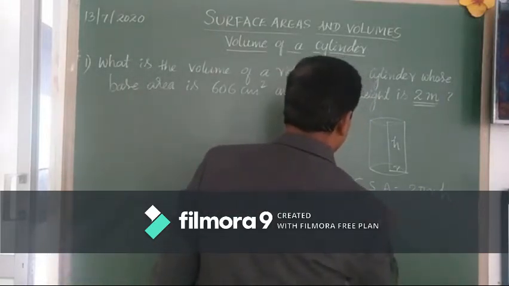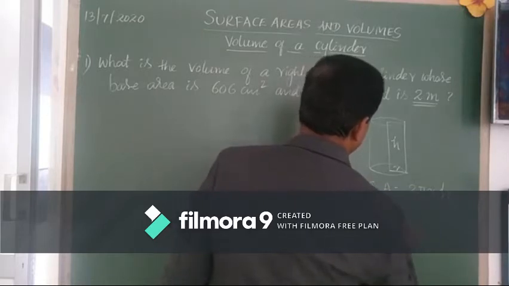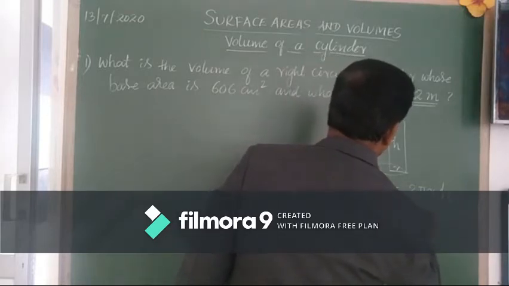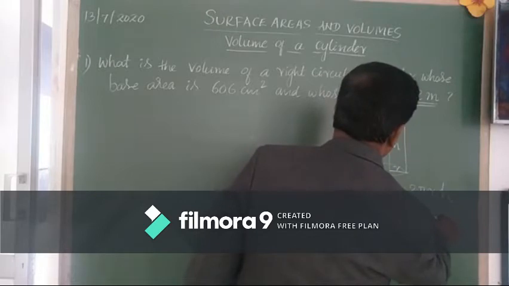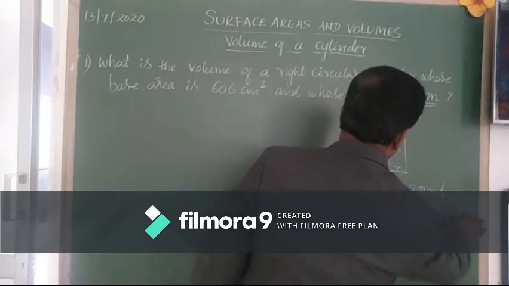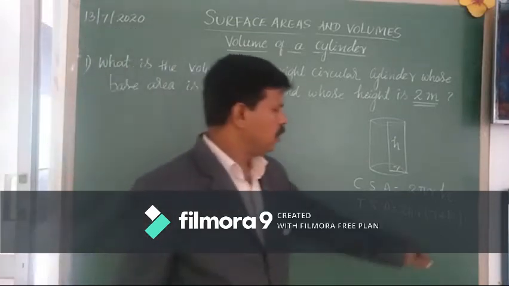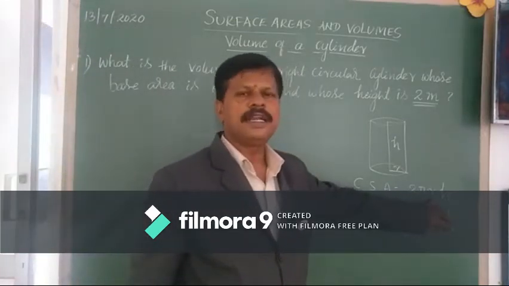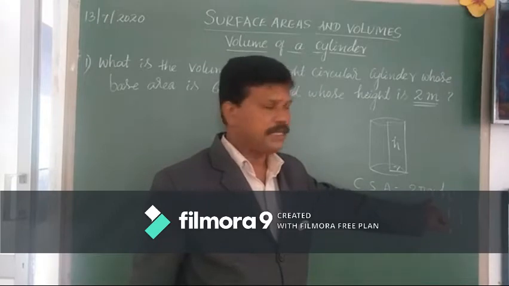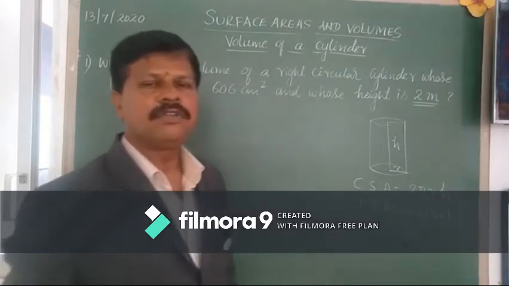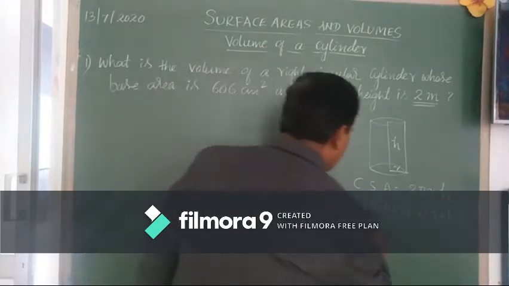Total surface area is equal to 2 pi r into (r plus h), where r is the radius of the circular base and h is the height of the cylinder.